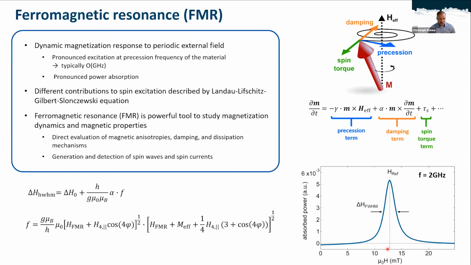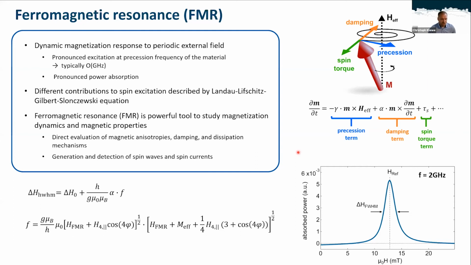From the properties of this resonant excitation, like the line width and the position of the resonance field, we can determine different properties of the material, like magnetic anisotropies, damping, and dissipation mechanisms. We can also use this microwave excitation in FMR to generate spin excitations, spin waves, and spin currents.